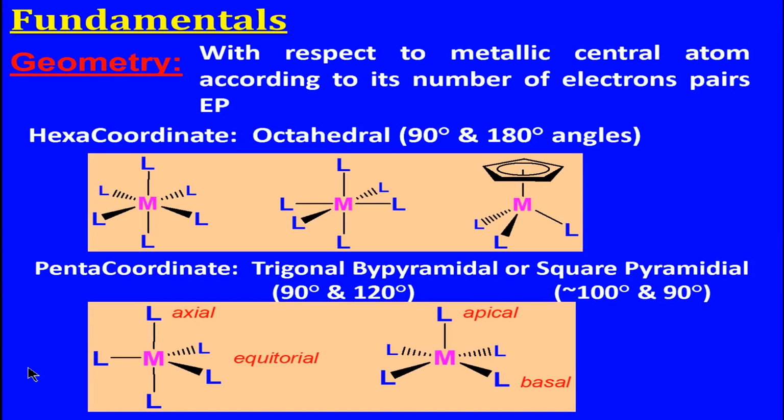The geometry of the metal is very important to know the reactivity of this organometallic complex. Simply, we use the common structures: linear, bent, trigonal planar, tetrahedral, square planar, trigonal bipyramid, or octahedral. Why is the structure very important?